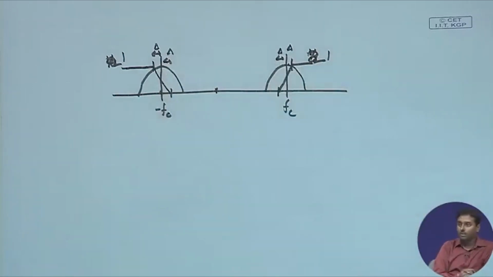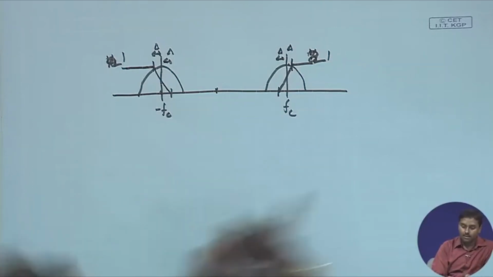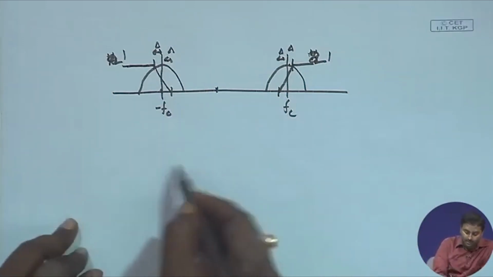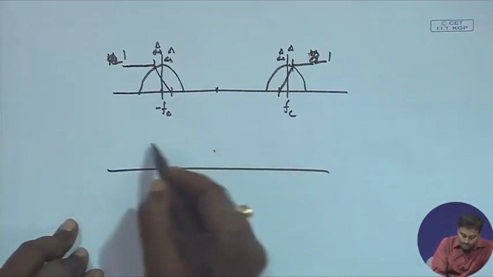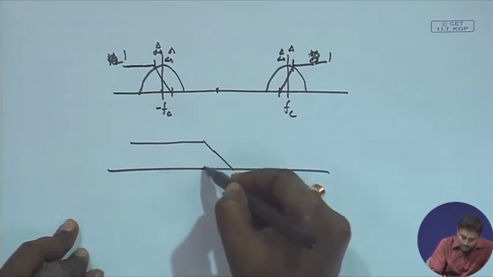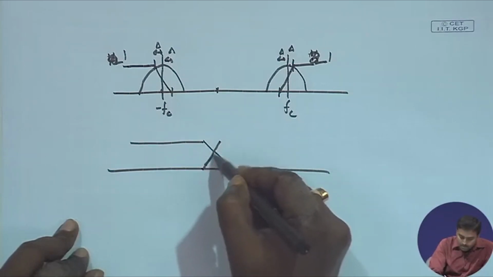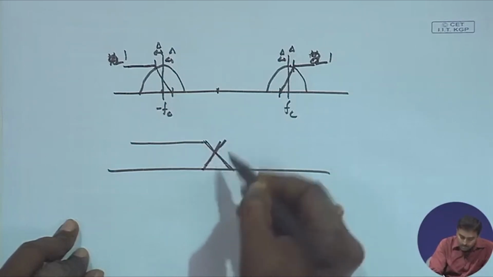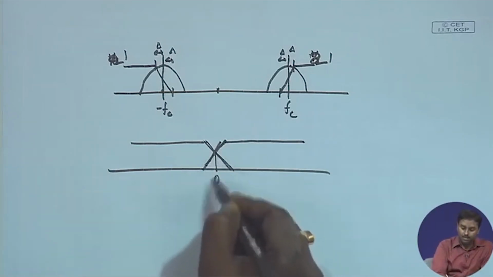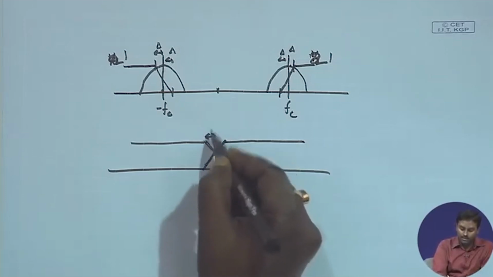These things have to be properly fixed. This will be shifted by fc, and you shift on the other side by fc, so the slopes should be the same and they will actually overlap like this; that is the 0, and these are the deltas.